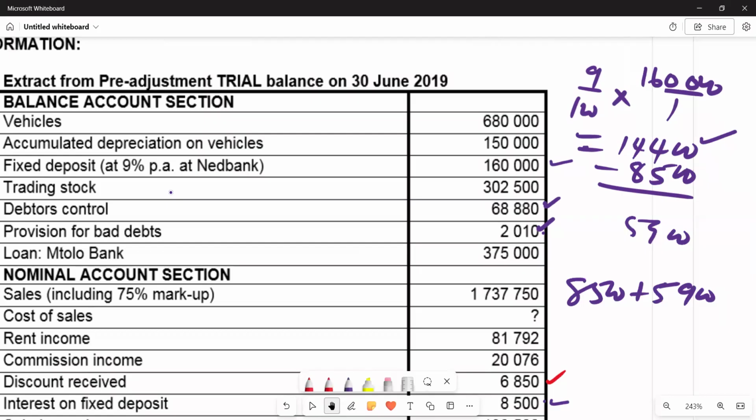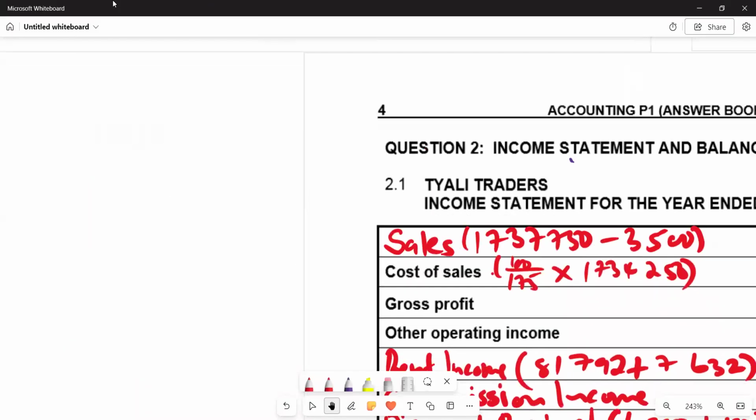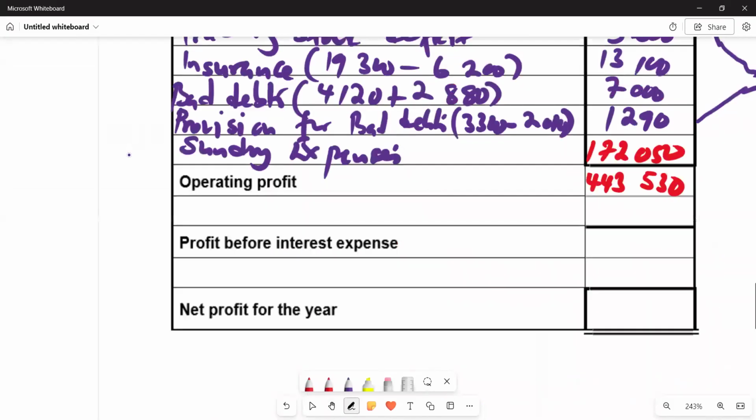So we can just go there and summarize the search under interest income. Interest income is here. So we are saying 8,500, what was received, plus what was owing, 5,900, to get the interest income for the period, which is 14,400.